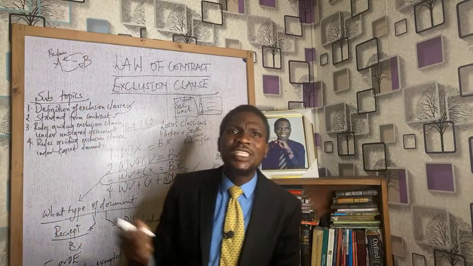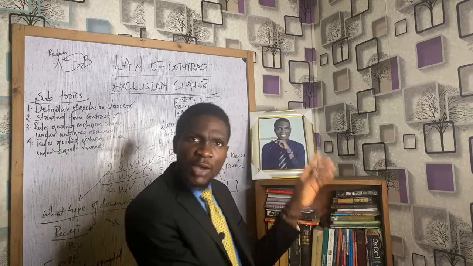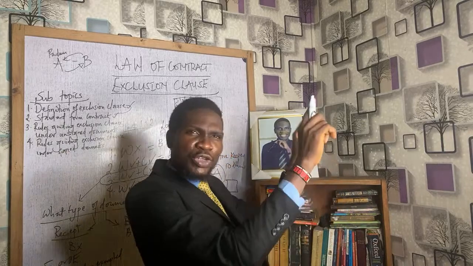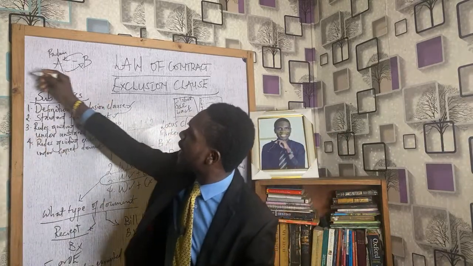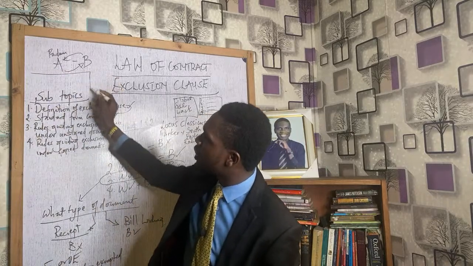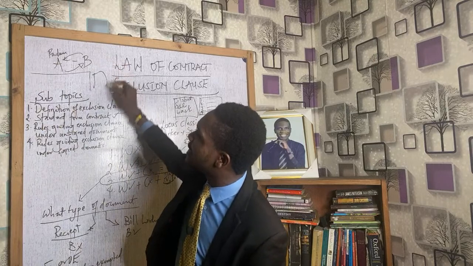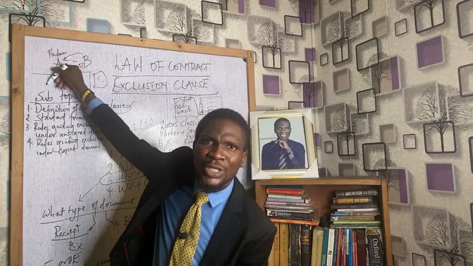Then you now issue receipts. Don't forget that as at the time we were making the contract, there were terms that we were accepting. So the contract has been concluded. Then you now brought the receipts. After we've done everything, this is where we concluded the contract. After the contract has been concluded, you now bring a receipt that contains a condition, and you want that condition to operate in relation to the contract?